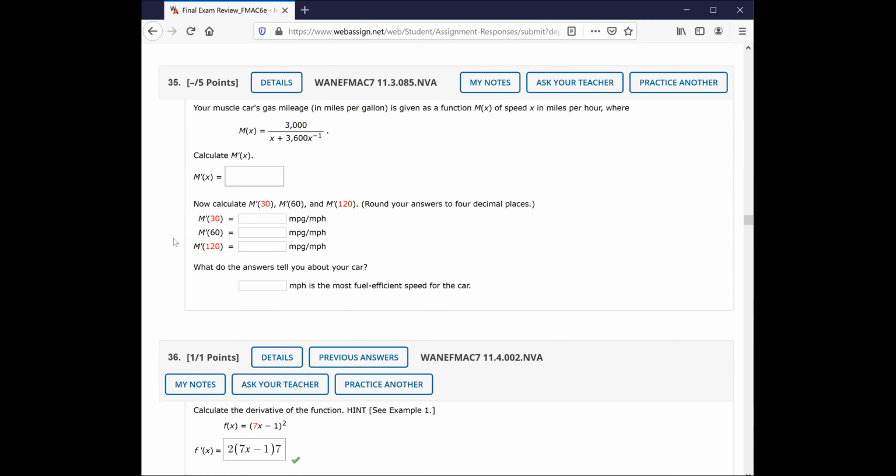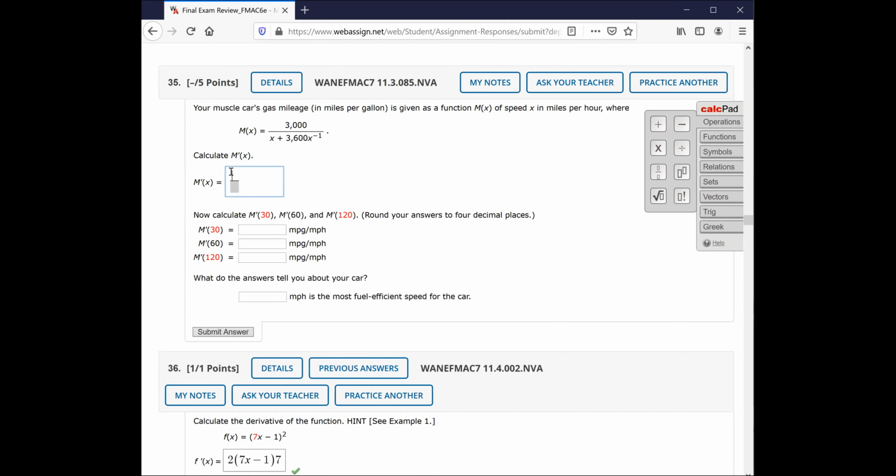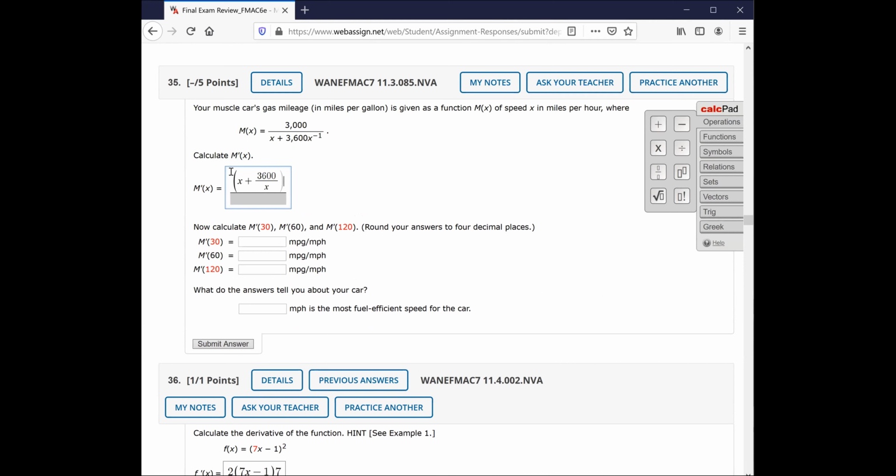Should we go through 35? Yeah, I just didn't even start it. Okay, so the derivative is here. It's the bottom times the derivative of the top. Derivative of the top is 0 minus the top times the derivative of the bottom.